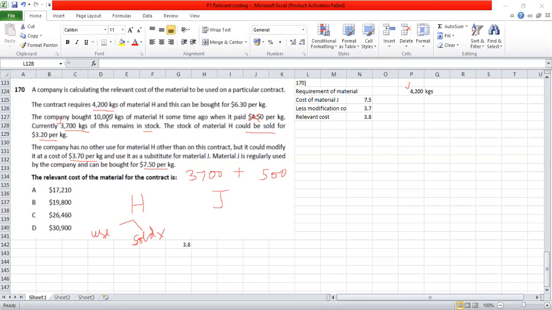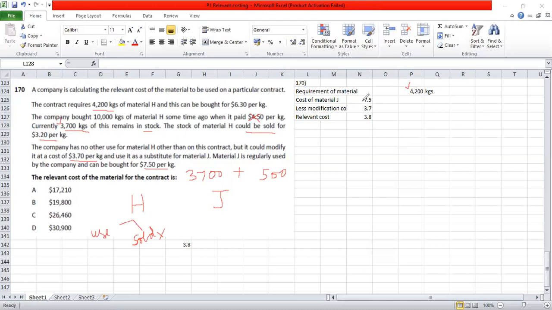But we have a better alternative where we can spend 3.7 and get a material that's worth 7.50 per kg. See, the current market price of this is 7.50. This is converted into J. So the modification part of conversion is 3.7.